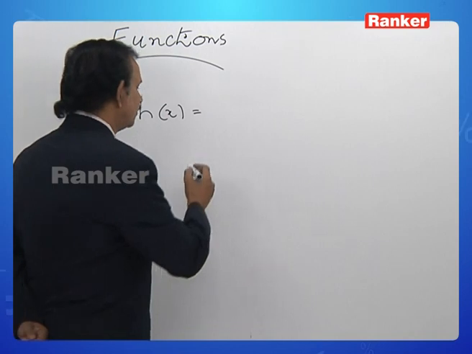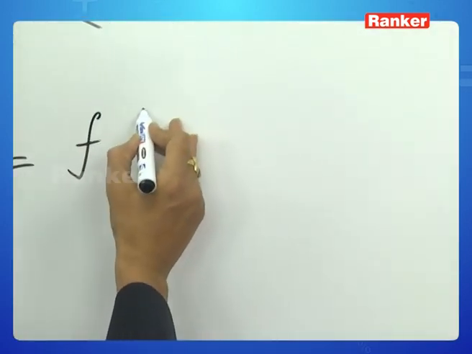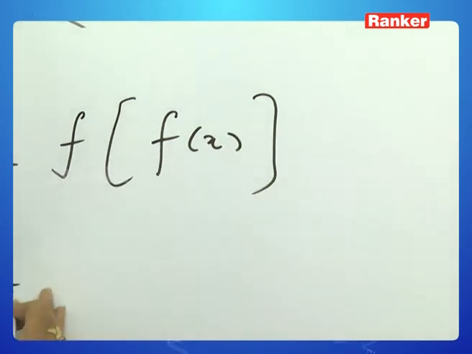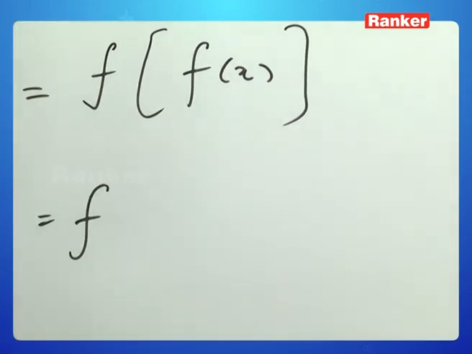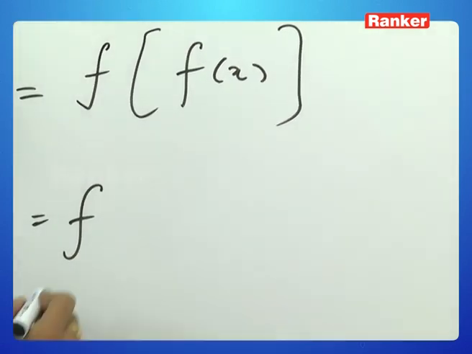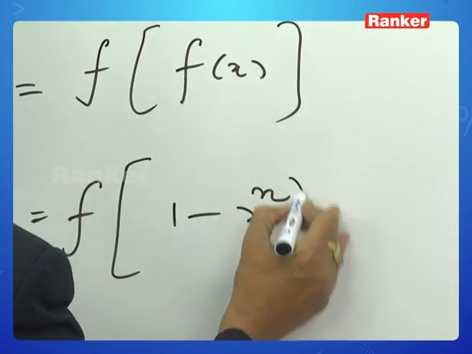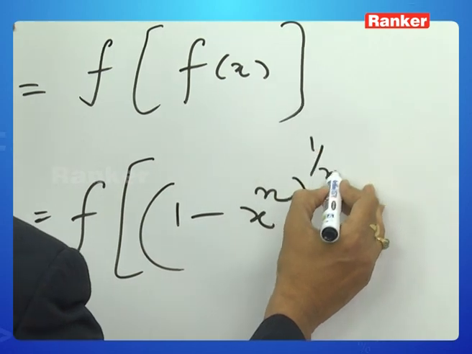H of x is equal to f of f of x. What is f of x given? It is (1 minus x to the power of n) whole to the power of 1 by n.